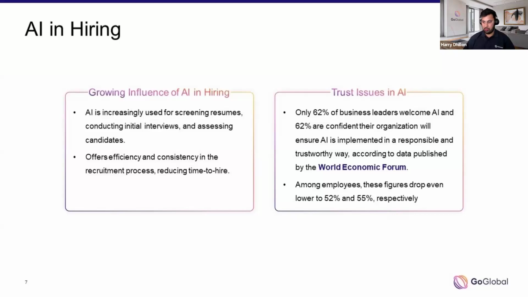However, a study that was done by the World Economic Forum found that only 62% of business leaders are openly happy about adopting this, and that number drops even lower to 52% with employees.